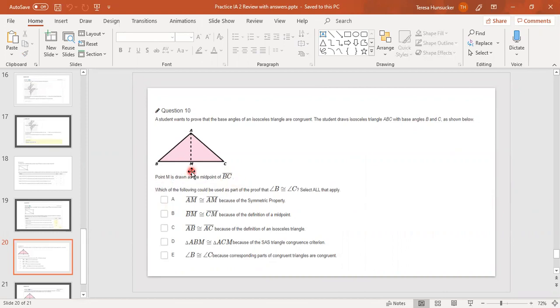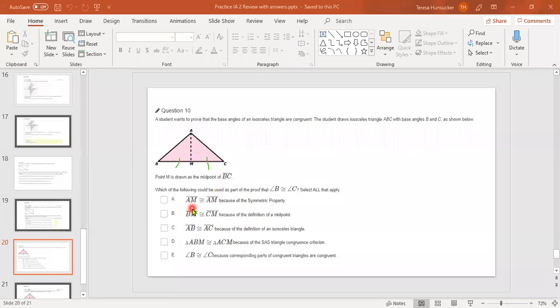Well, if point M is the midpoint, that point creates congruent segments to the left and to the right of point M. So segment BM would be congruent to segment CM. These two segments are congruent, okay? So let's go through our choices.